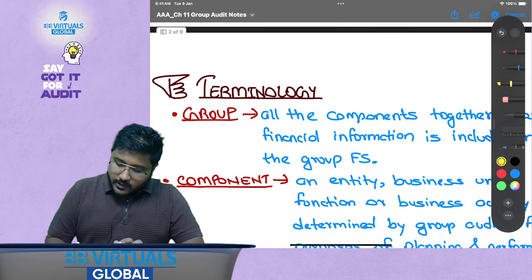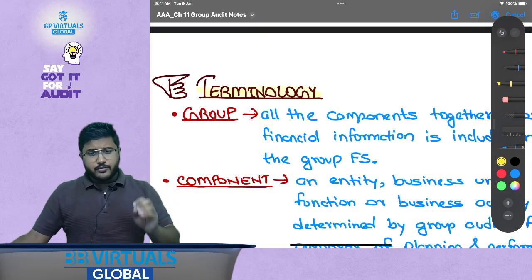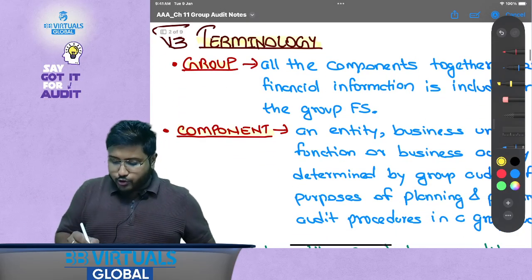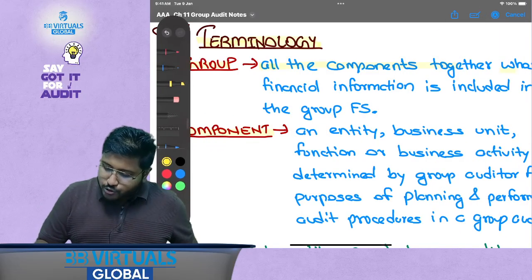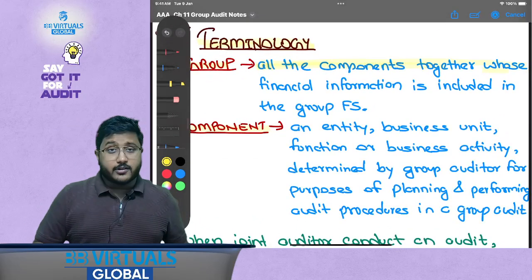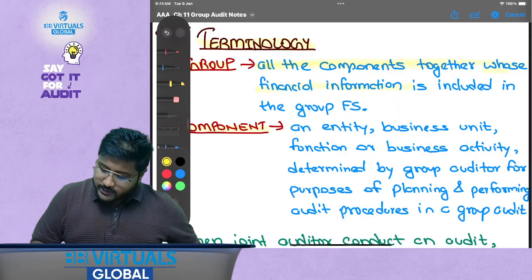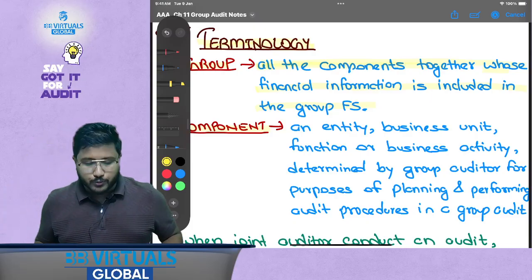Now there are certain terminologies that should be understood by you at a very advanced level. One is group, another one is component. We have already discussed it, right? All the components together, in this case B, C, D, E, whose financial information is included in the group financial statements, would together be called the group.